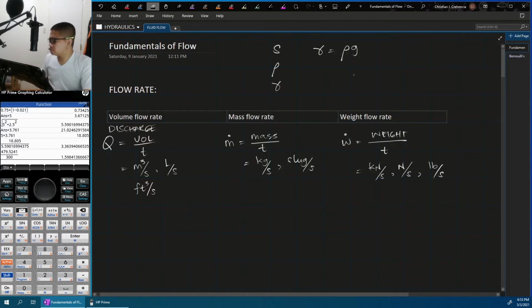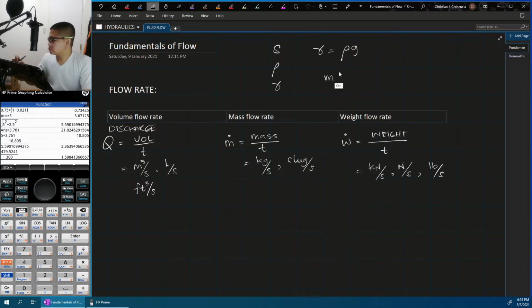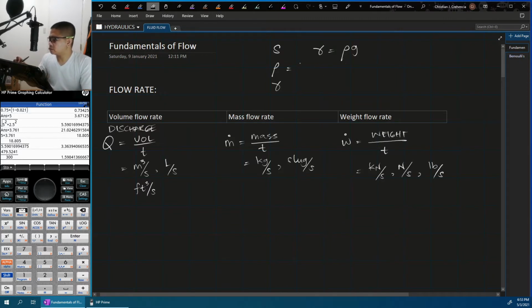Okay? And for us to solve for the mass, by the way, density is mass over volume, unit weight is weight over volume. So, lagyan ko ng ganitong symbol yung volume para hindi tayo malito dun sa velocity.